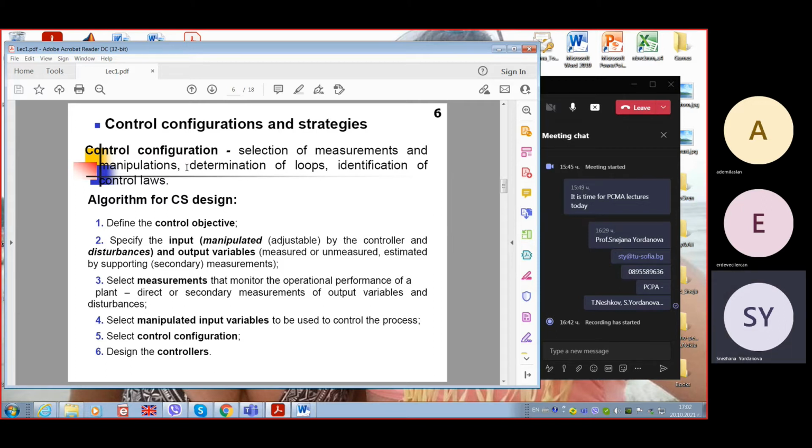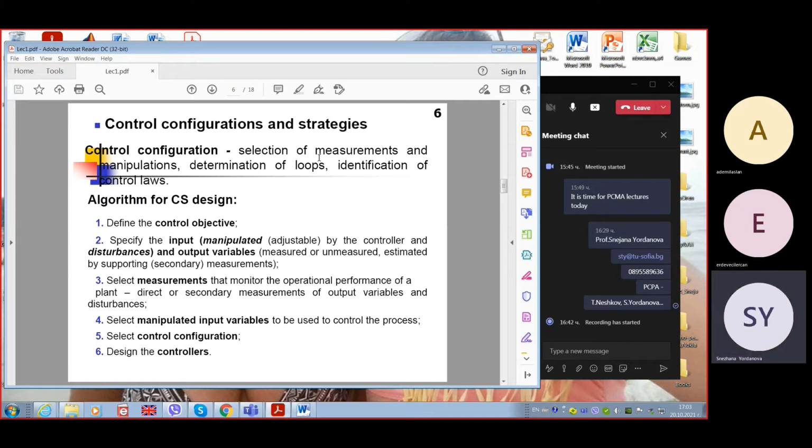We have also to determine how to connect. So this manipulation means we influence the output. It is input, how much we open to enter more steam, or what increased voltage will stimulate the heater to produce more heat.